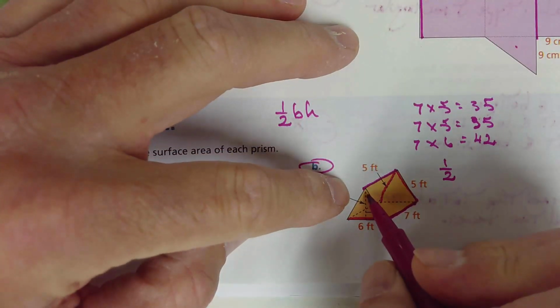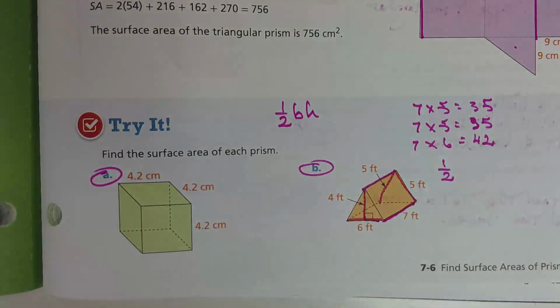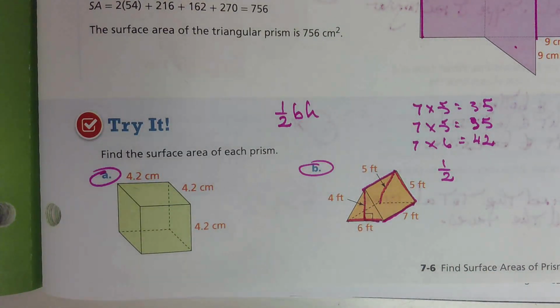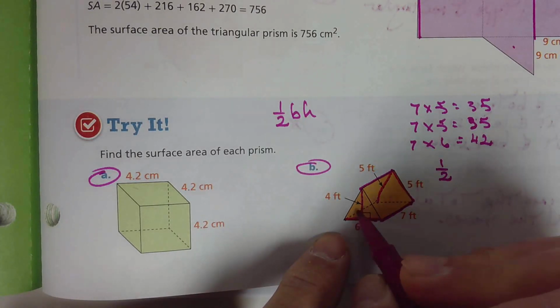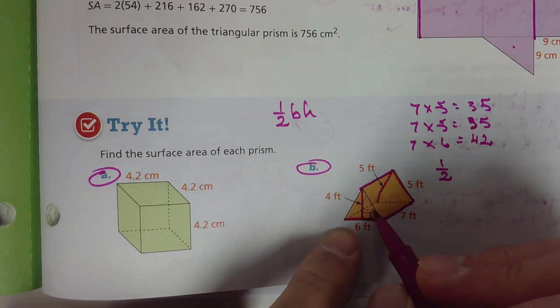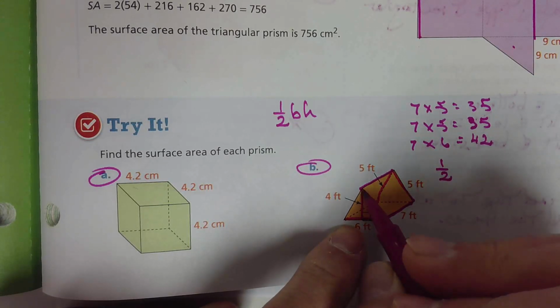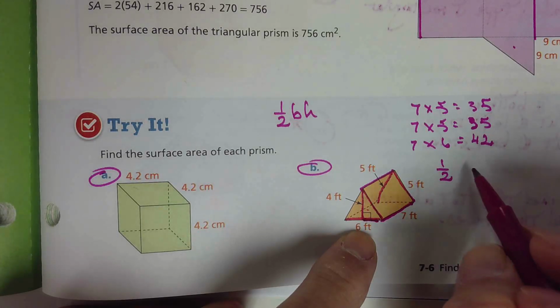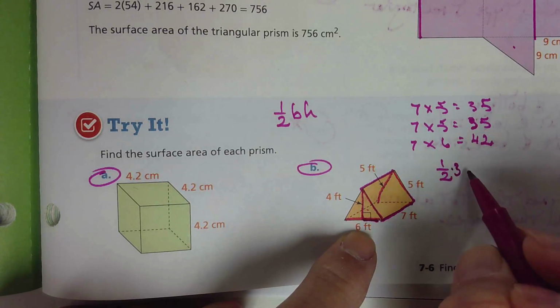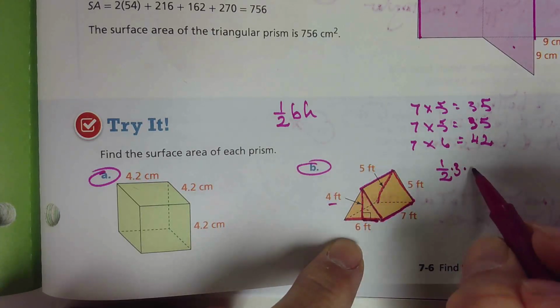So here's a right triangle, and you could look at it as 2 triangles on each side. So it's 1/2 times, and we're just doing one of them, 1/2 times 3 times the height, and they give it to us there, it's 4.